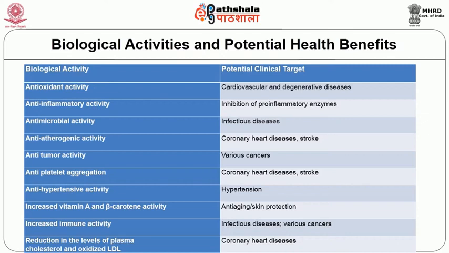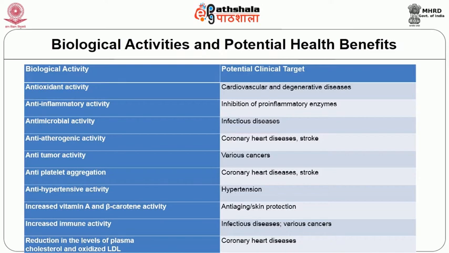Also, they have antiplatelet aggregation quality, which again can prevent coronary heart diseases and help prevent strokes. Olive oil has an antihypertensive activity and thereby can keep the blood pressure under control.